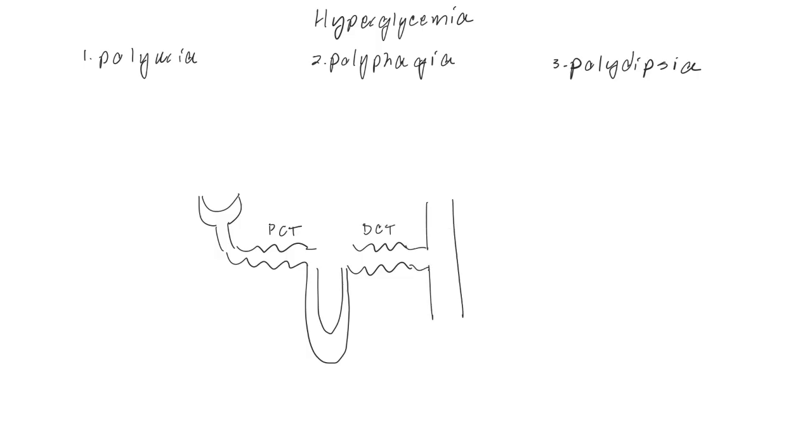And then the collecting duct. And that's where the filtrate gets turned into urine and we pee it out. Feeding Bowman's capsule, we have the afferent arteriole, efferent arteriole, leaving it. So here we have afferent, and here we have efferent.